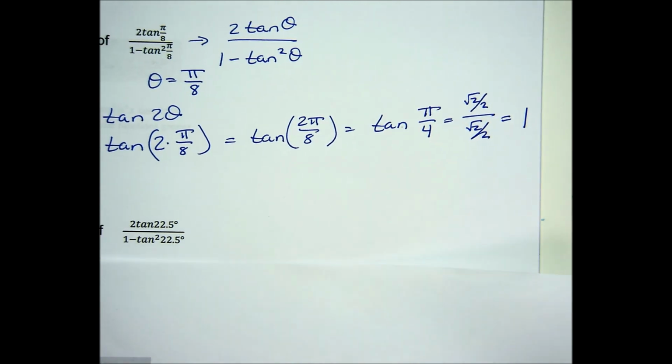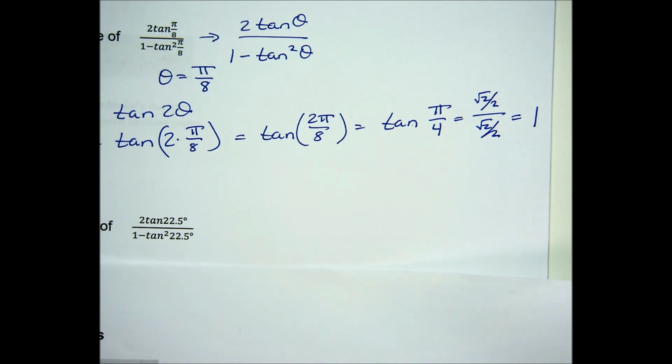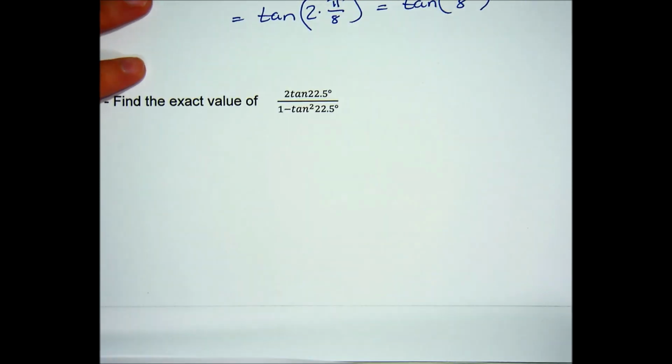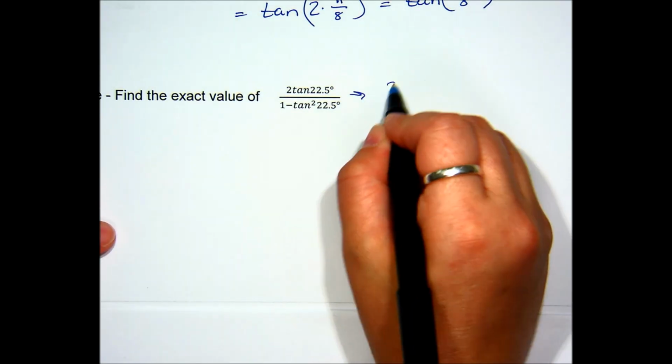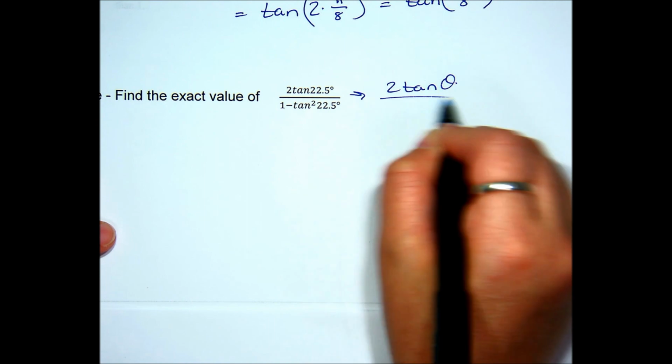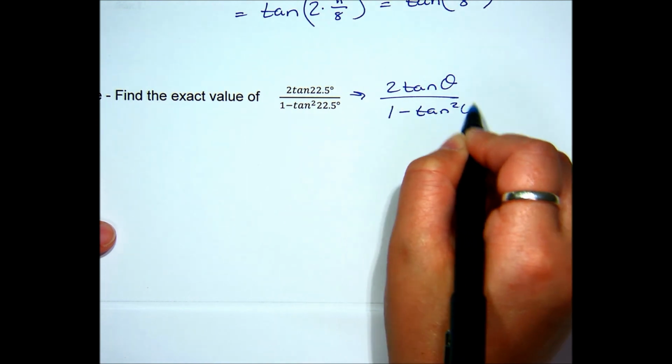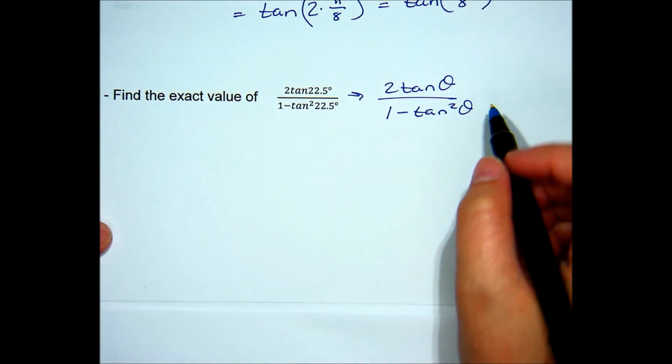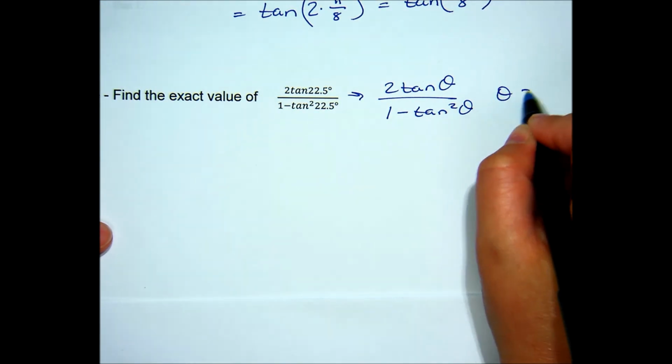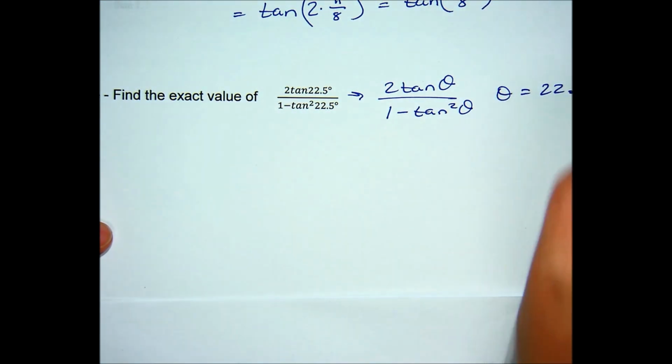Another one, kind of the same exact idea, except instead of dealing with radians this time, we're going to deal with degrees. So again, this looks awfully familiar. It looks like 2 tangent theta over 1 minus tangent squared theta. So here it looks like theta is 22.5 degrees.